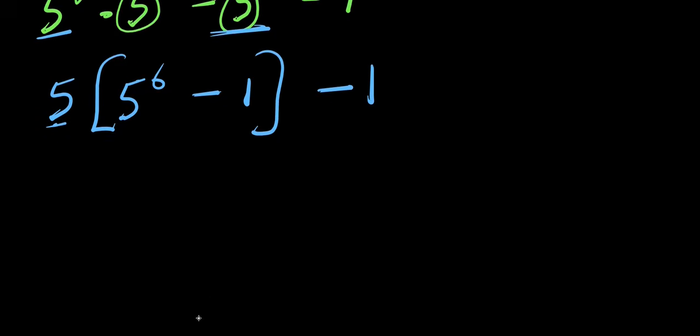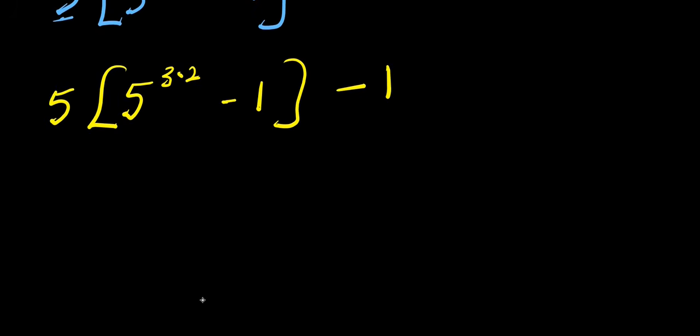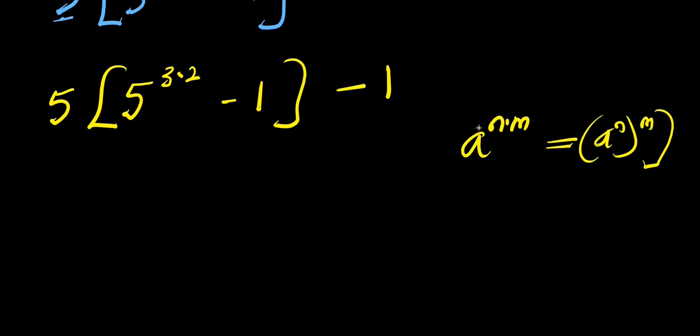Now, the next thing I can do is, you see this 6 here? I can express it as product of 3 and 2. I have 5 times 5 to the power of 3 times 2 minus 1, and this is minus 1 here. And don't forget this, that if you have a power n times m, this equals a power n raised to the power of m.